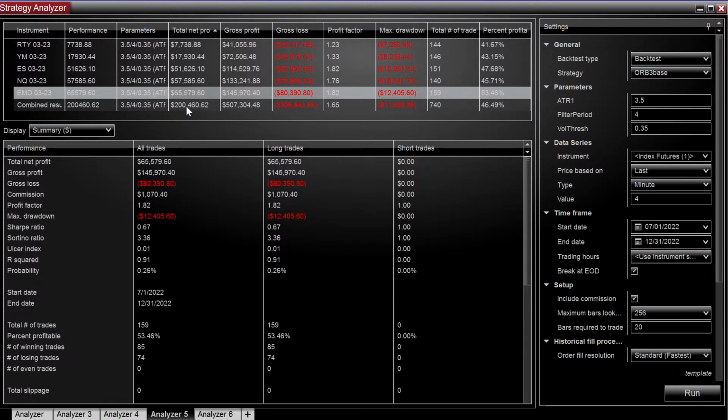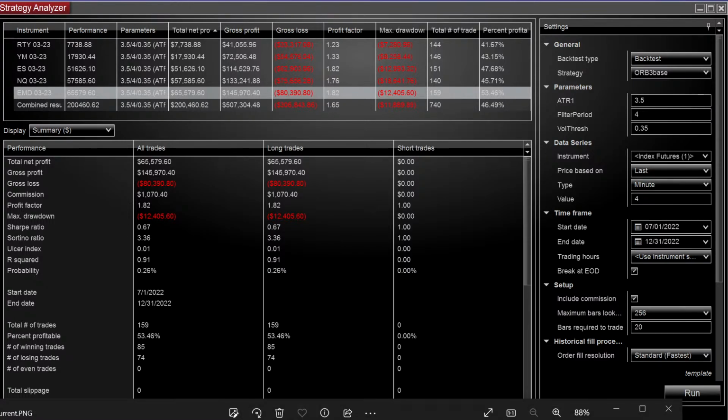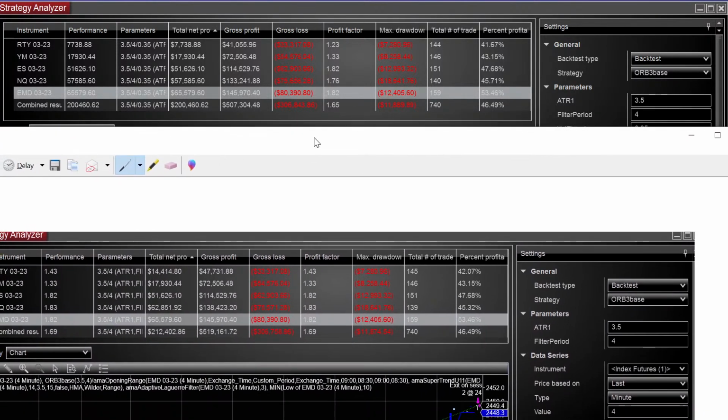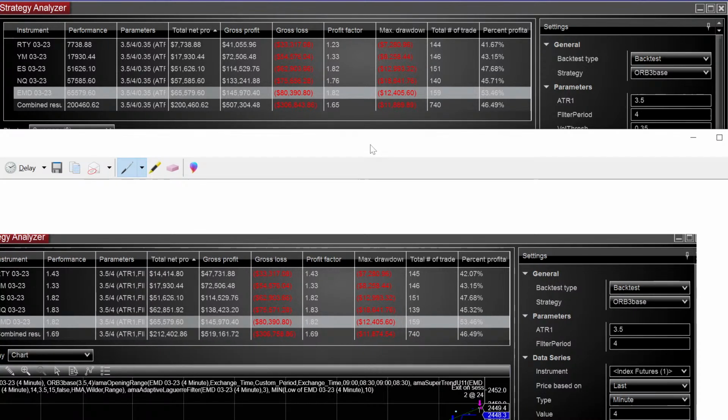So not much of a difference on the profit because there weren't very many trades in that extreme volatility. However, let me pull up the current mini baskets. So let's see here. Overall performance seems to have dropped.